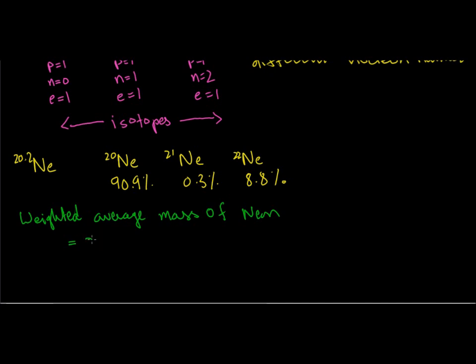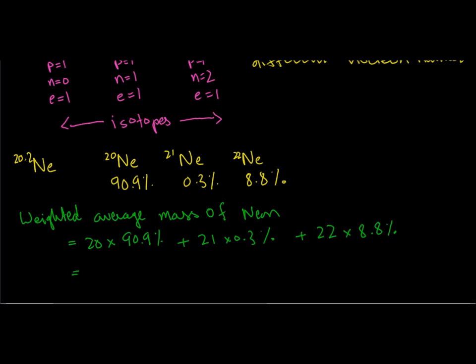So you take the nucleon number here, times it by the percent it occurs in nature. Then for the second one, you take 21 times its percent, plus take the third, nucleon 22, and times it by its percent occurrence. Now it's just your basic algebra.